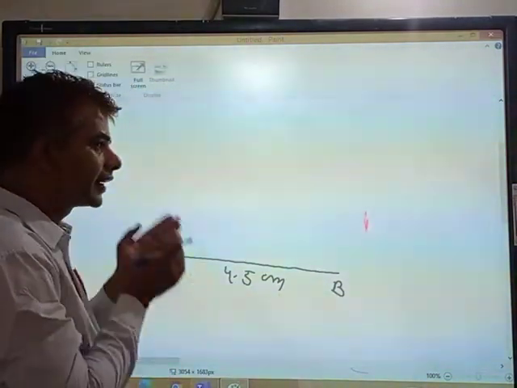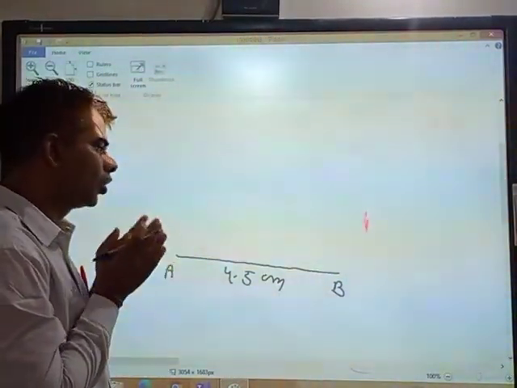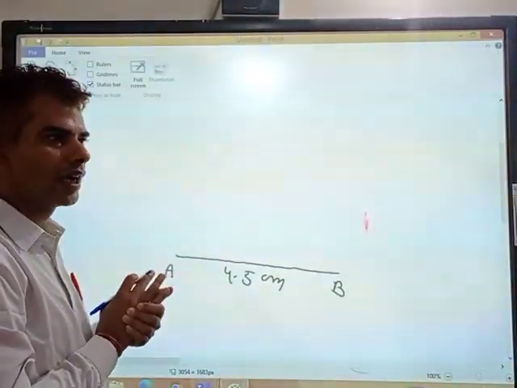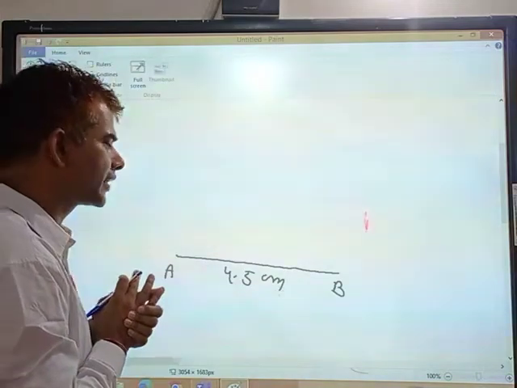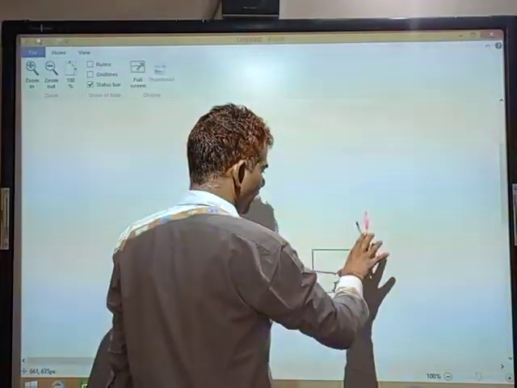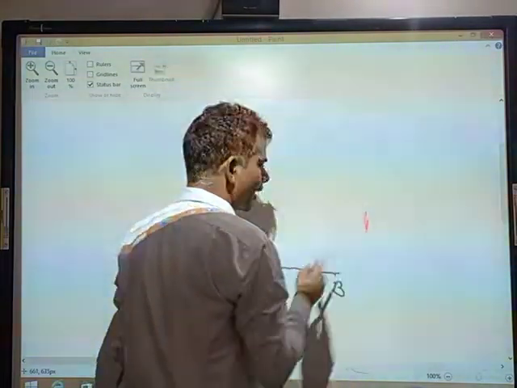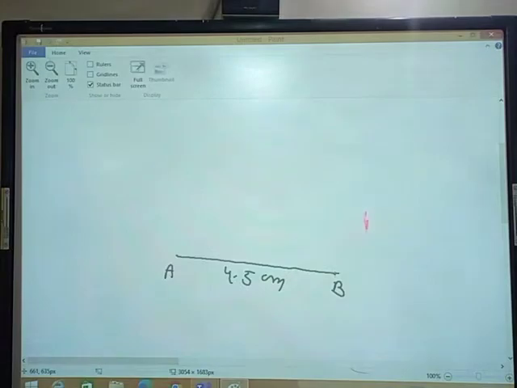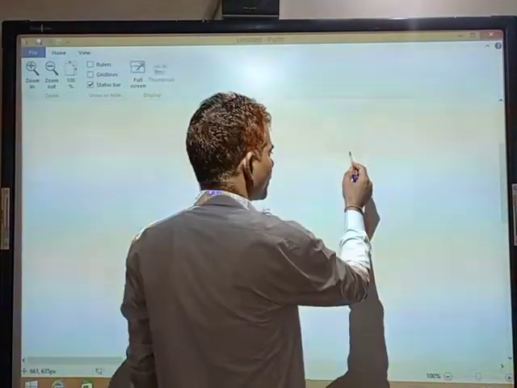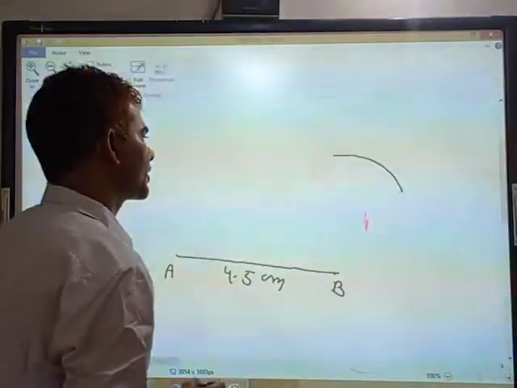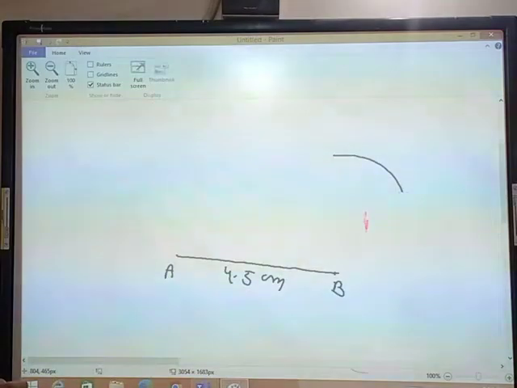Put the tip of the pencil on point B and draw an arc of radius 5.5 centimeters.